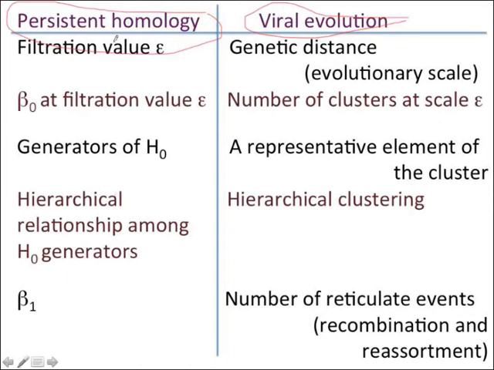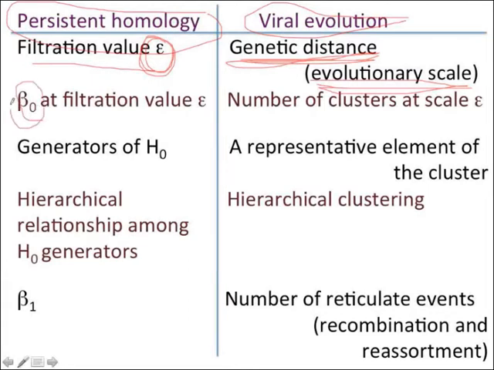So this table that came from that viral evolution paper basically relates the mathematical terms to the biology terms. So we've got the genetic distance, calculating some type of distance between these sequences or doing it over a time scale. That would correspond to our filtration value of epsilon, increasing our radius balls.